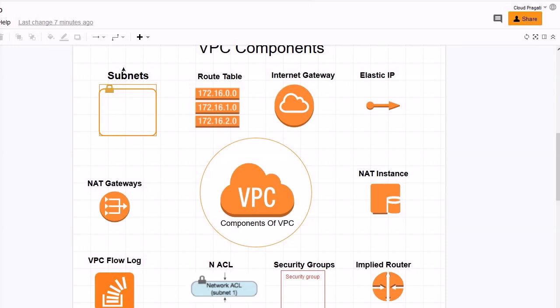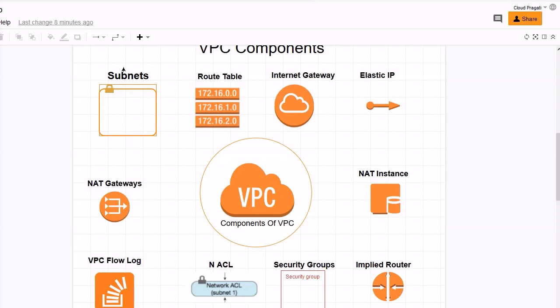CIDR block is not a new concept for those who belong to a networking background, but it is a new concept for those who do not. In short, CIDR block is nothing but a classless inter-domain routing block.